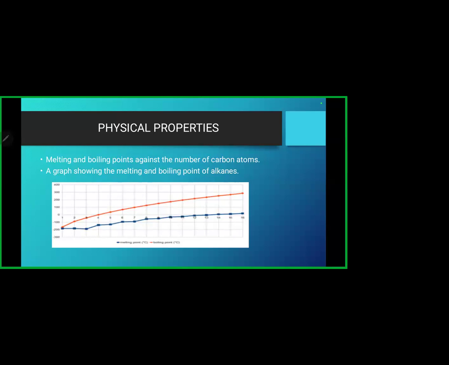And I had gone further to explain that the general increase is brought about as the number of carbon atoms increases. That means even the bonds holding those molecules are more.